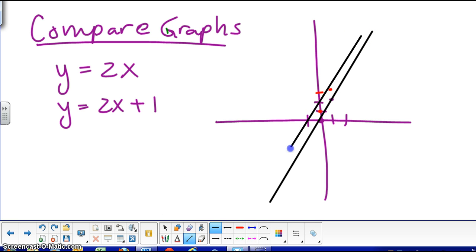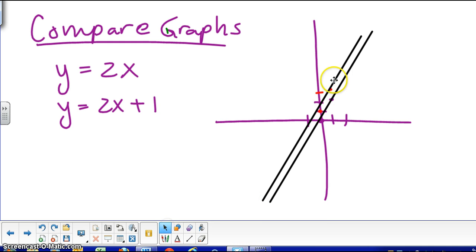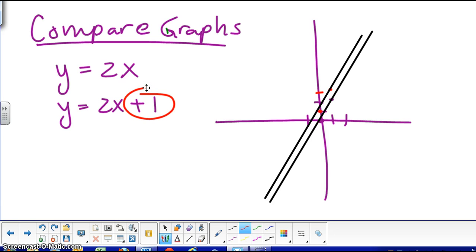It would be right here. And basically what ended up happening is the graph just shifted up 1 unit because of this number right here. So then what would you guess would happen if I gave you y equals 2x minus 6?